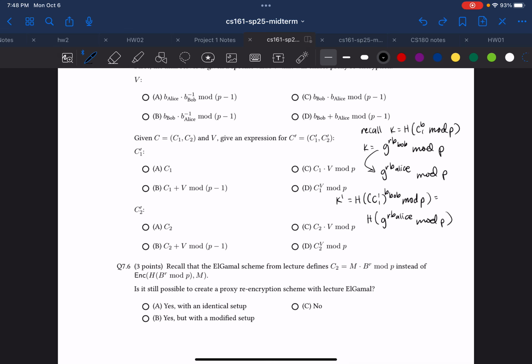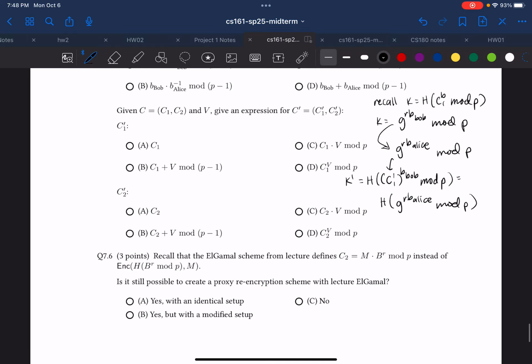So if we try to figure out what this C1 prime should be, we should get that it equals G to the R B of Alice, times the inverse of B of Bob, mod P, right? Because then this will cancel out Bob's private key and then add in Alice's private key.